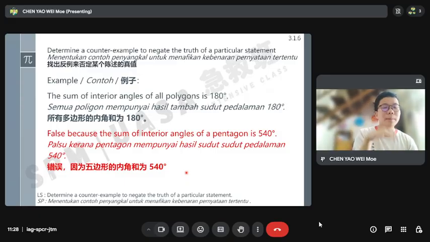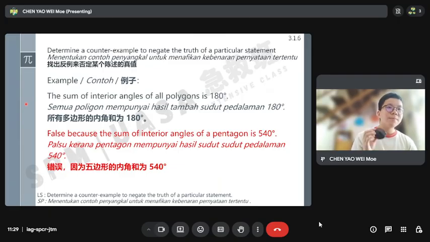Not everyone knows about this topic, but when I did research, I realized a counterexample means that when a statement is wrong, I need to use an example to show that the statement is false. For example, the sum of the interior angles of all polygons is 180 degrees.